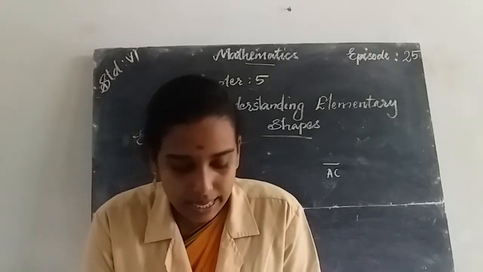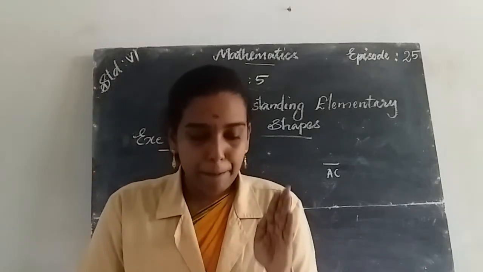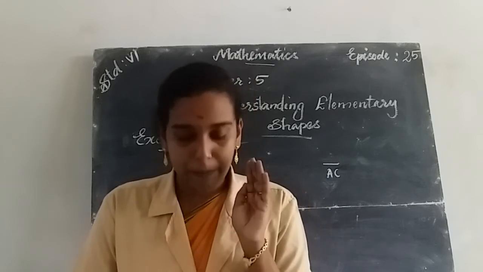So the 6th question is, if B is the midpoint of line segment AC.